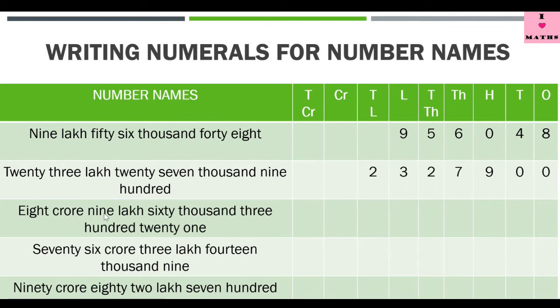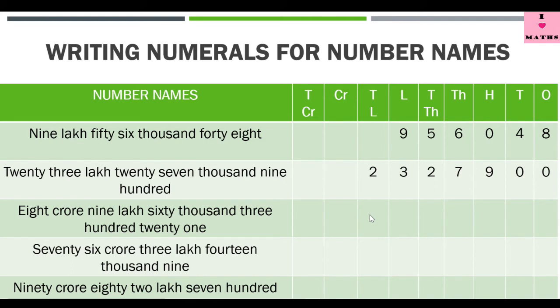8 crore, 9 lakh, 60,321. Children, the number is starting with 8 crore. So this time only the 10 crores column will stay empty. And in crore columns, which digit are you going to write? Yes, 8, because it is 8 crore. 9 lakh.